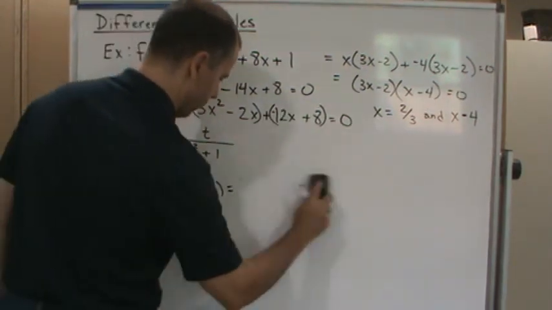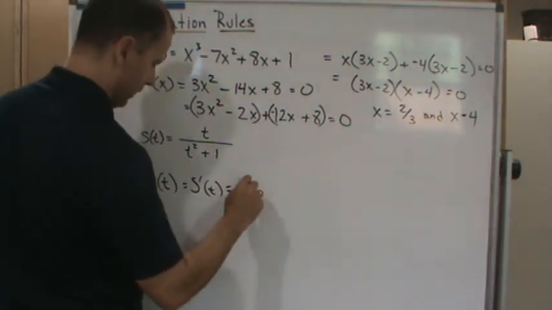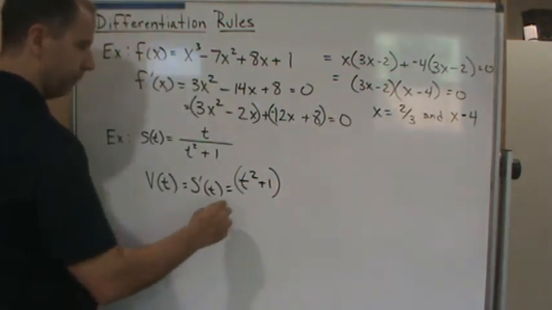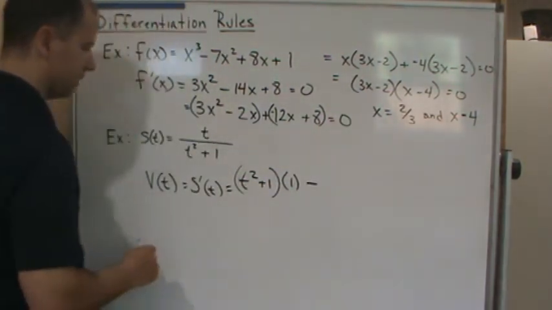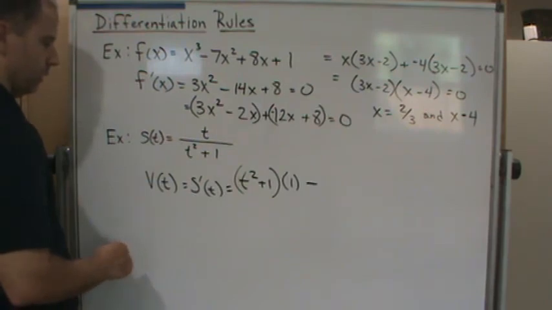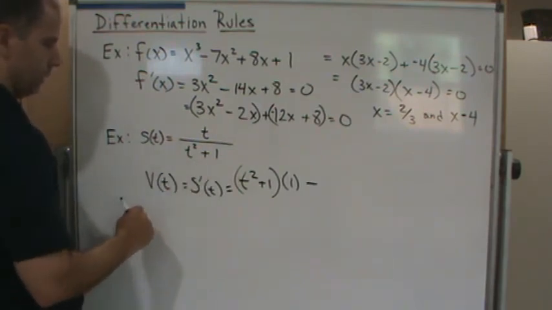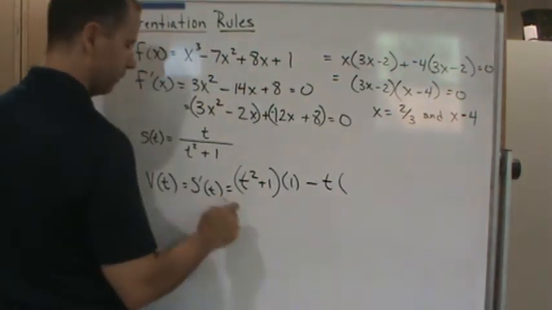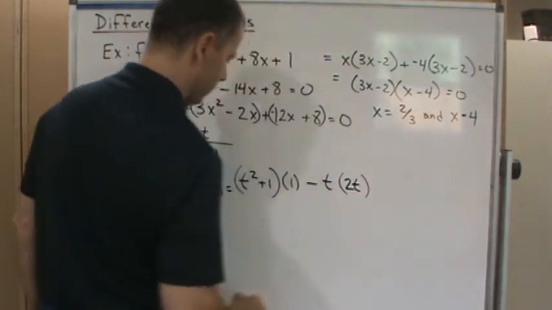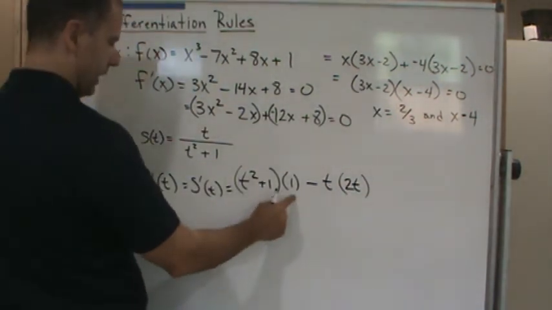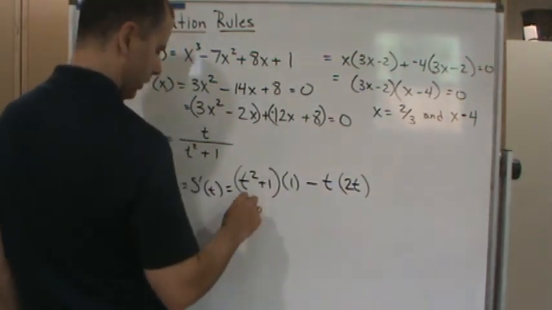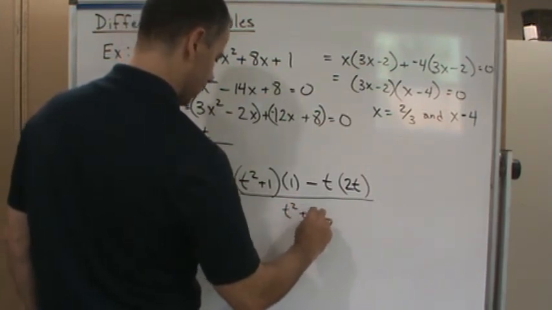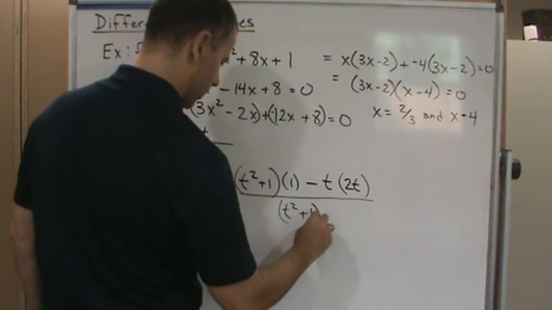Low d high, which is t squared plus 1 times the derivative of the top, which is just 1, minus high times the derivative of the bottom, which is 2t. So low d high minus high d low over low squared, which is t squared plus 1 quantity squared.